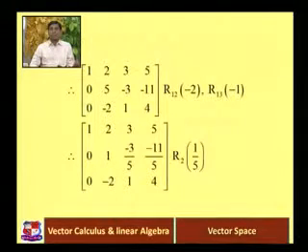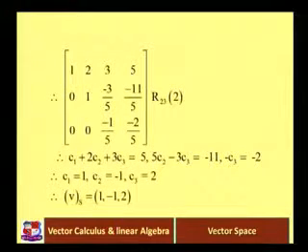Now the next process is we multiply the second row by 2 and add it to the third row. So (1, 2, 3 | 5), (0, 1, -3/5 | -11/5), (0, 0, -1/5 | -2/5). Now this matrix is in row echelon form.